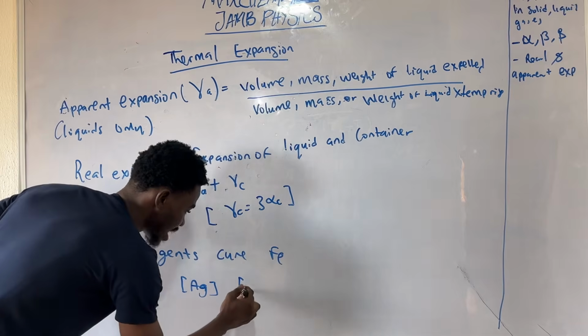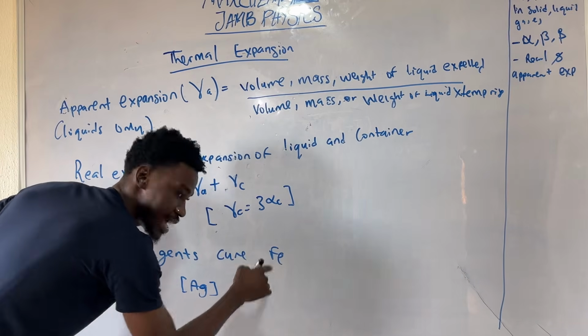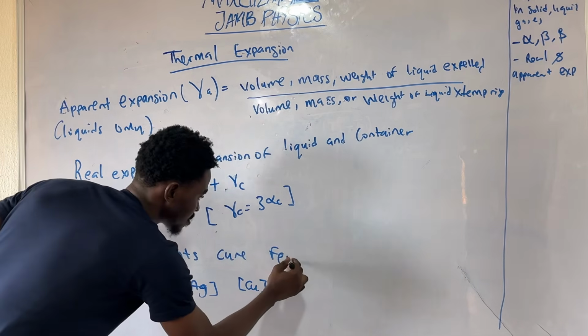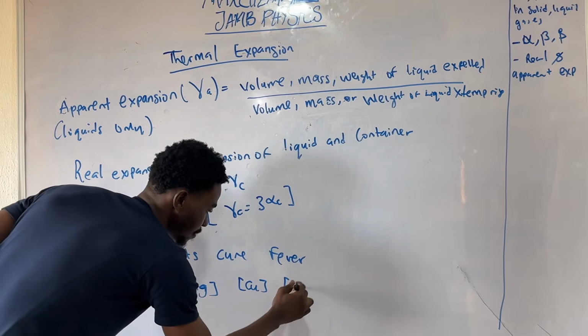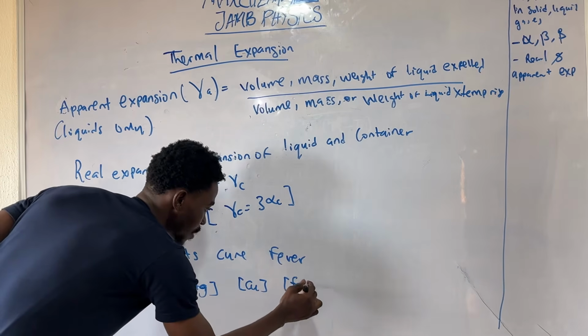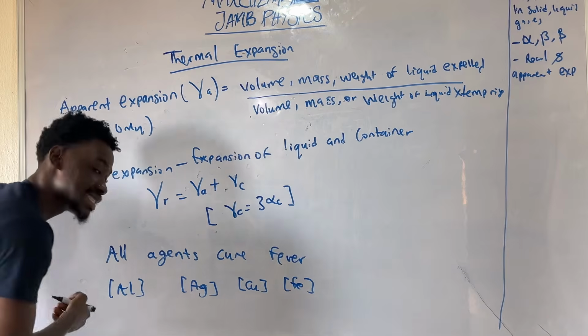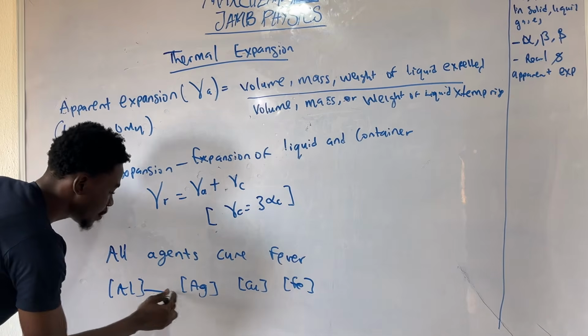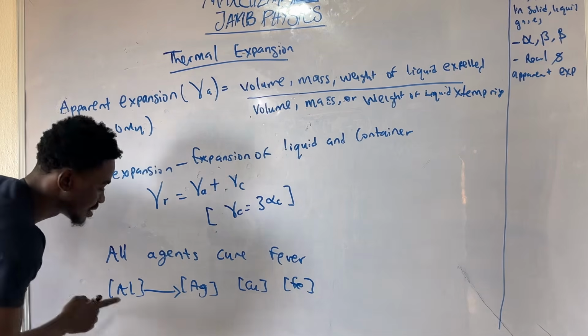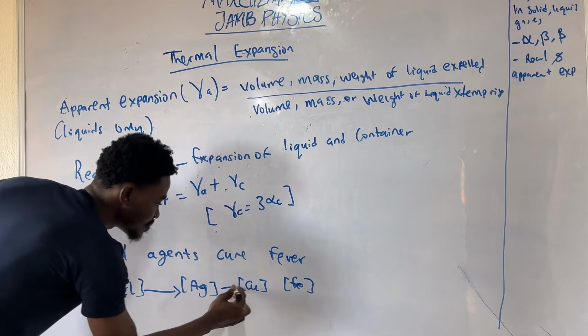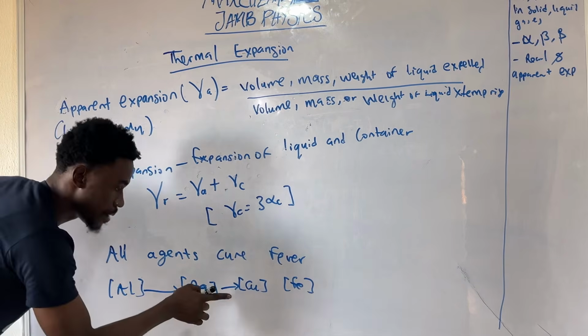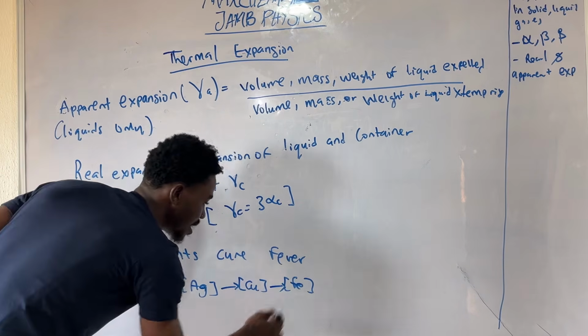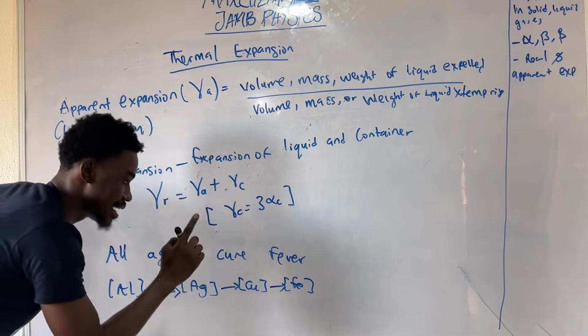Cu stands for copper. Fe, sorry, I was supposed to write fever here. Fe stands for iron. So what this is saying is that aluminium has more expansivity than silver, but silver has more expansivity than copper, and copper has more expansivity than iron.